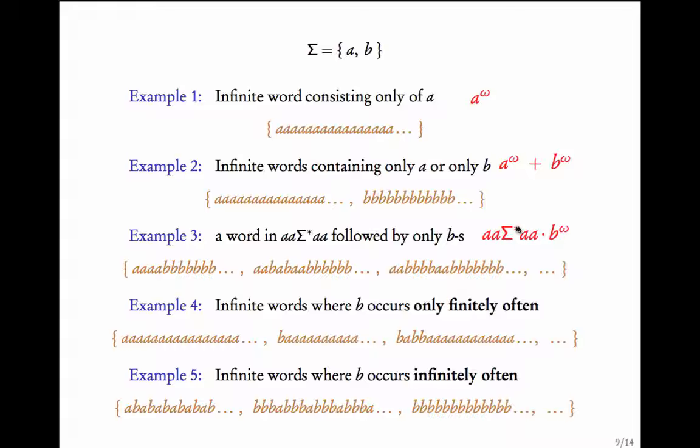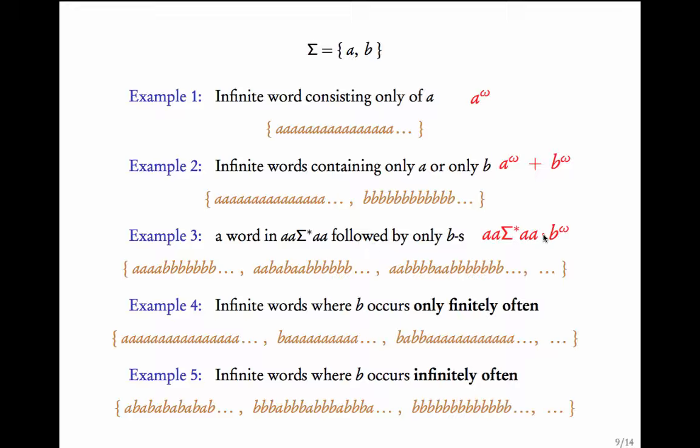So AA sigma star AA is a succinct notation for the set of all words which start with two A's and end with two A's. So there are infinitely many words here, and this is a word which contains only B's, and by using this dot you have the language described by this big English sentence.